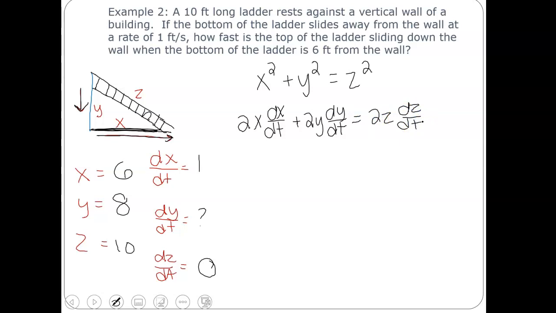Now, what's really nice about the Pythagorean theorem, and you can just automatically remember this if you want to, since all of them are squared, they all have a multiple of 2. If I were to solve, quote unquote, for z or dz/dt, I could divide by 2, which is like dividing both of those by 2. So every time you take a derivative of the Pythagorean theorem, that 2 cancels.